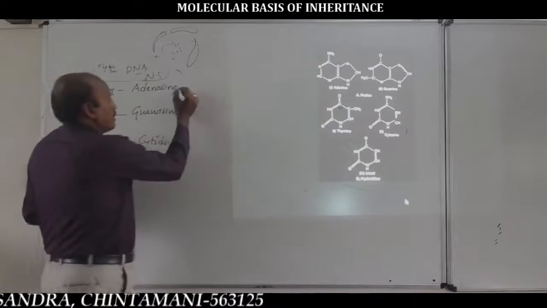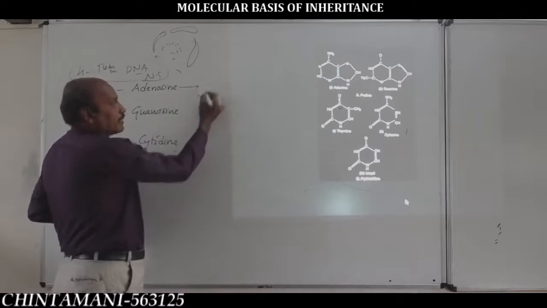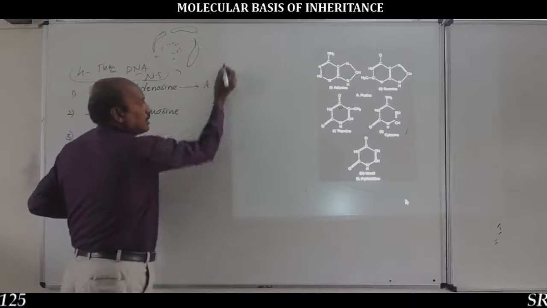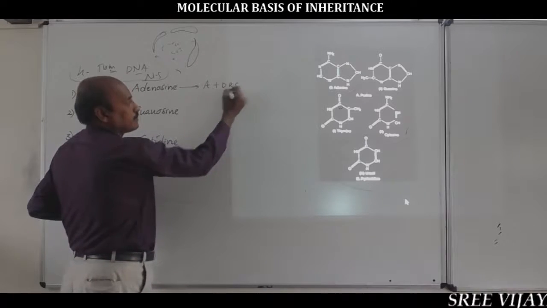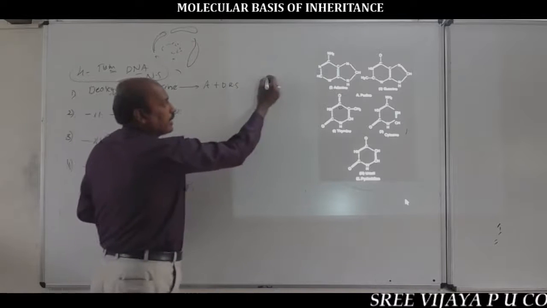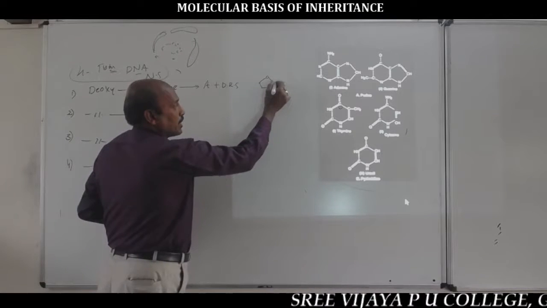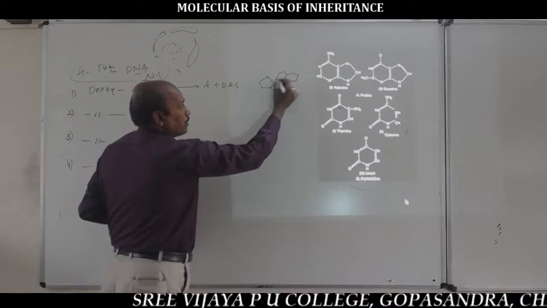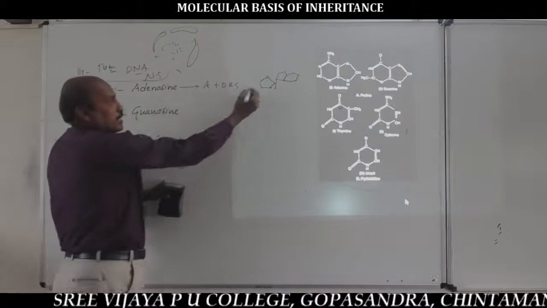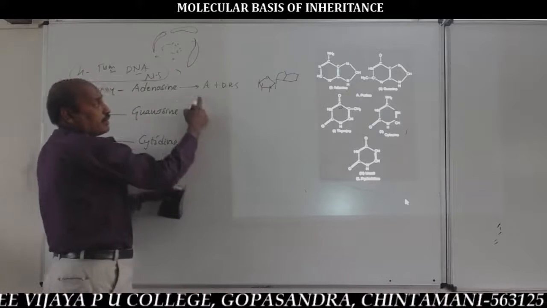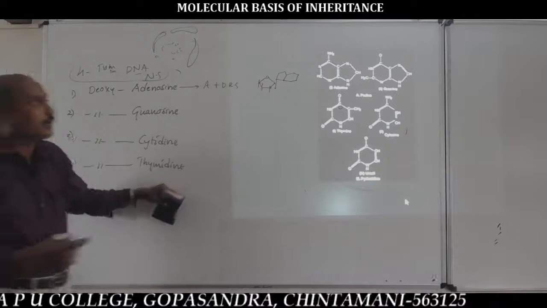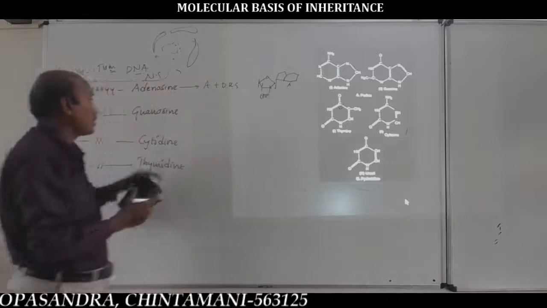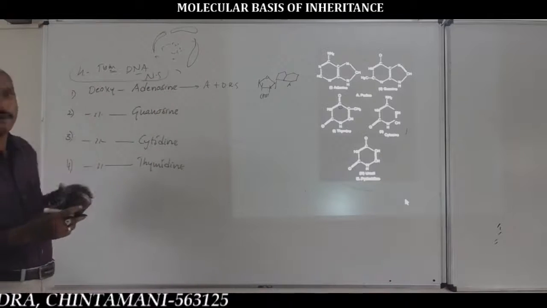Listen here. Deoxyadenosine is the combination of adenine and pentose sugar, or deoxyribose sugar. So here adenine binds to the deoxyribose sugar through a glycosidic bond at the 9th position, leading to formation of deoxyadenosine.